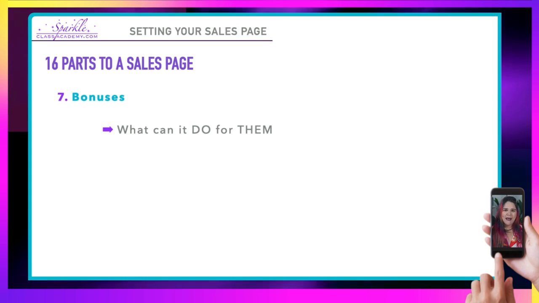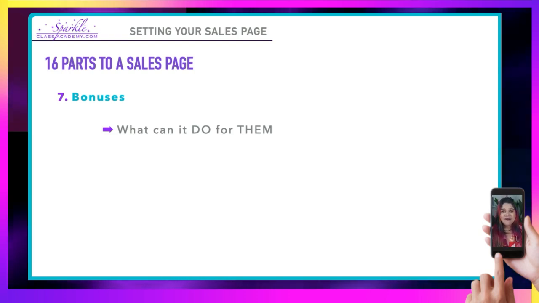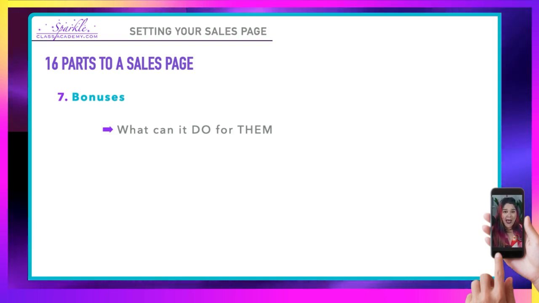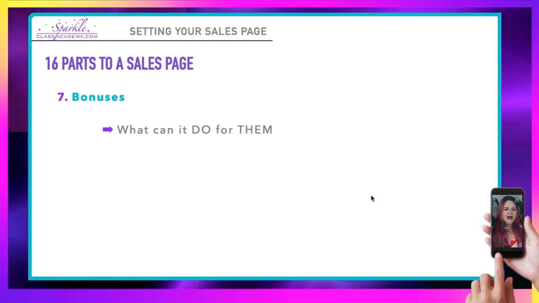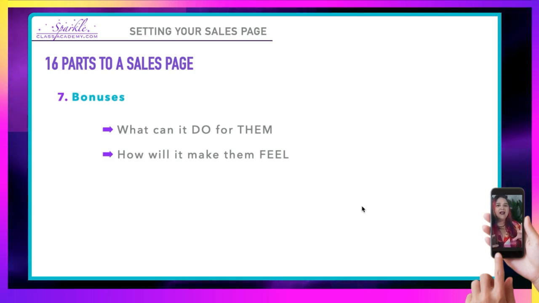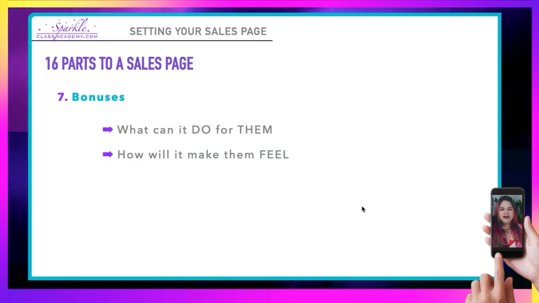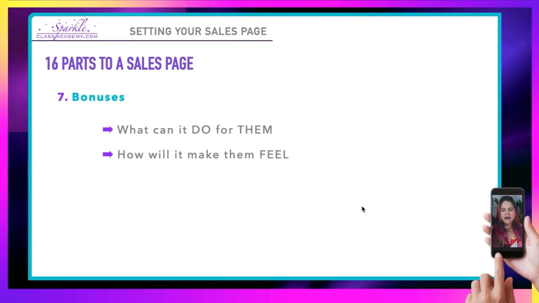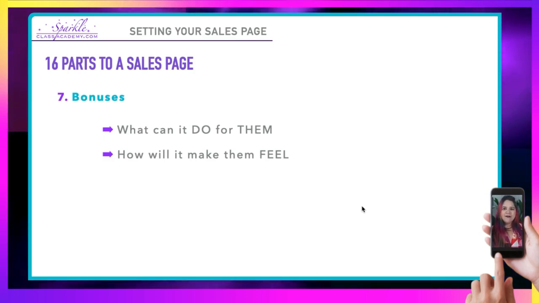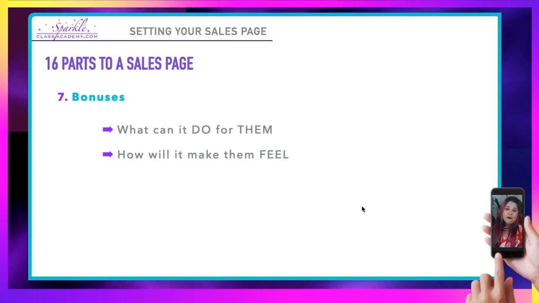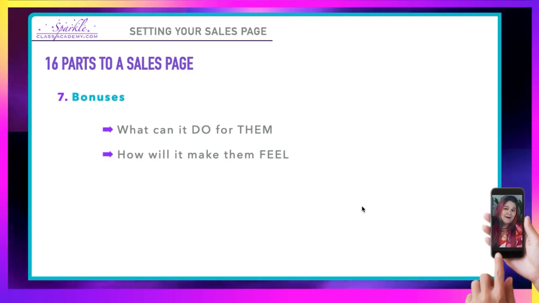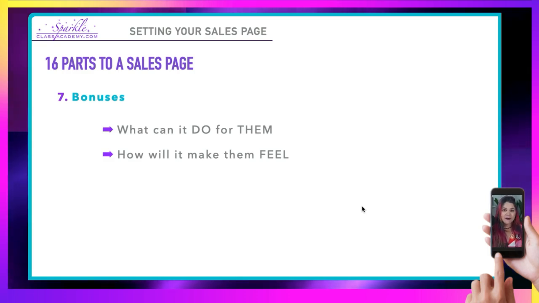Here's where you explain what the benefits are of, again, the bonuses and how they will help your prospect. Now, make sure that they are also aligned, okay? Don't give away a time management training course and then give them something unrelated like an automation or an automated lead magnet. It's got to be congruent.